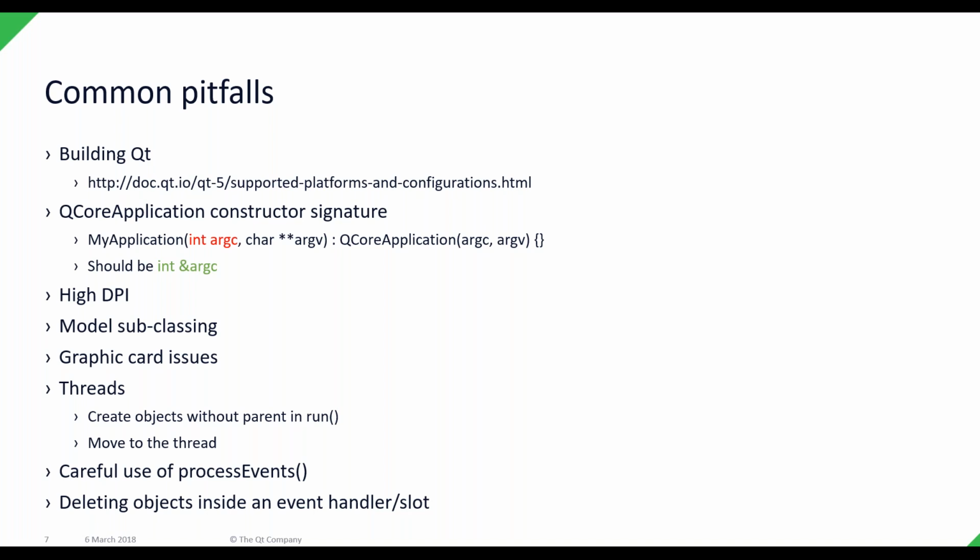We try to detect those cases, and we have certain cards and drivers blacklisted. But it's not always the case that these are in our blacklist, so you may see some problems as a result. If you happen to see those, then what you can do is use the application attribute to turn on ANGLE or to turn on software rendering, and then you can give that a try.